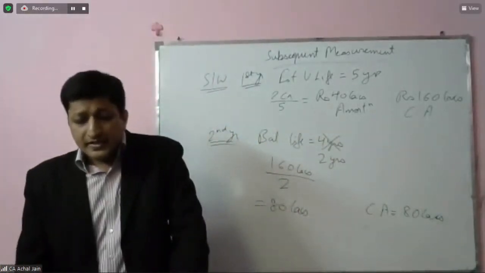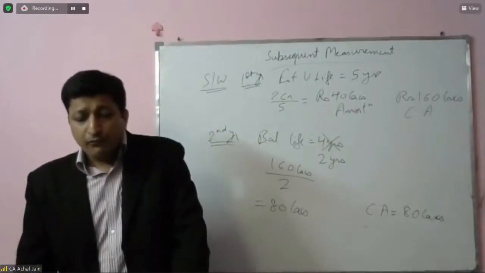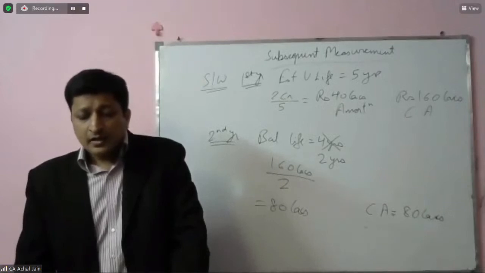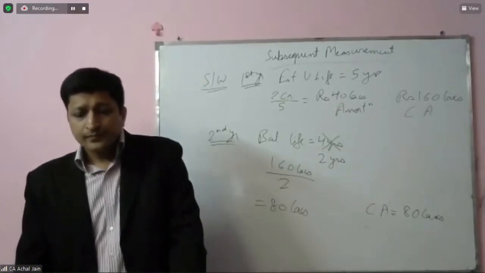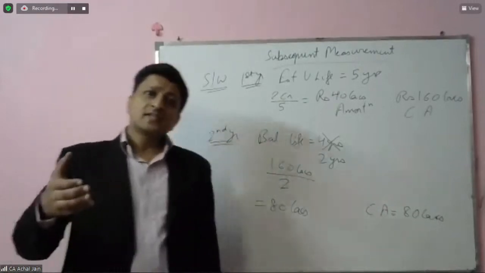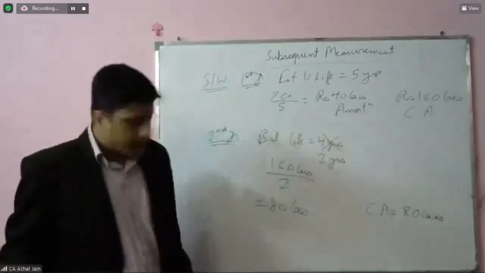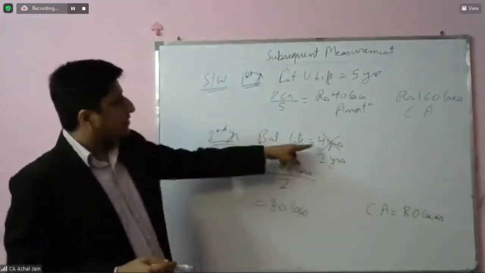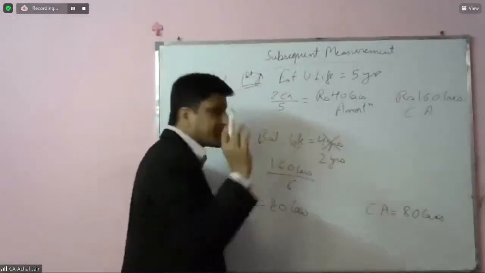Ramakrishna is asking, sir, in the second year, the life was reduced from 4 years to 2, but what if in another case this was 6 years instead of 2 years? In that case, the amortization amount going forward will change. Simple. Let's suppose now instead of 4, it becomes 6. So we'll make it 6.